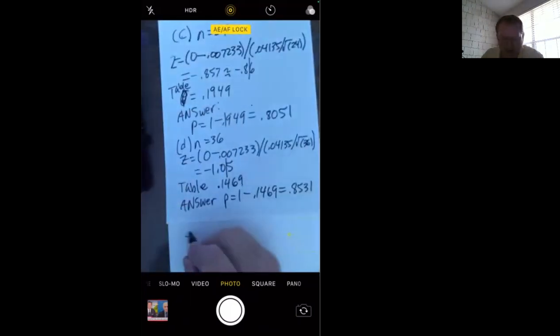So you go to E and it says use your results from parts B to D to describe the likelihood of earning a positive rate of return as the investment time horizon increases.